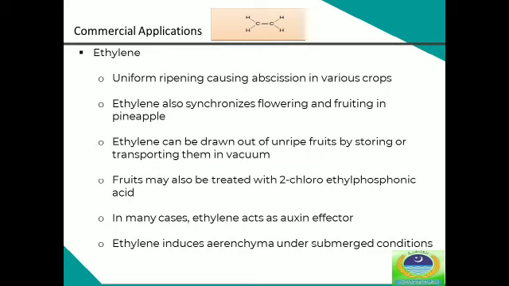Ethylene also induces aerenchyma under submerged conditions. Being a gas, ethylene can escape through stomata or lenticels and helps in detecting flooding stress. Ethylene builds up in submerged species and induces the formation of aerenchyma in some of the species.